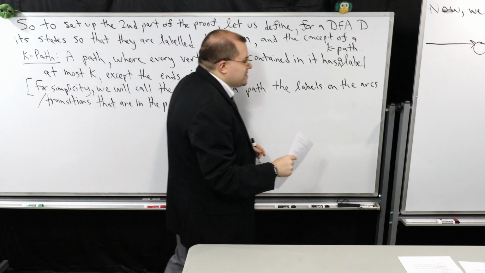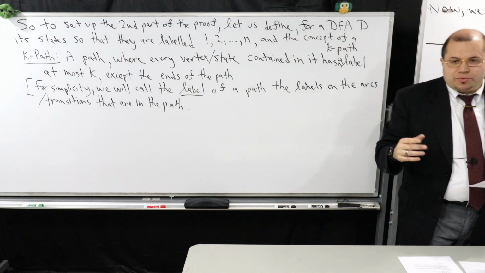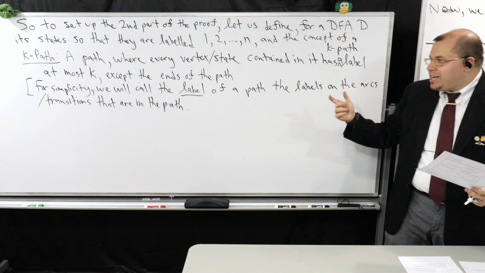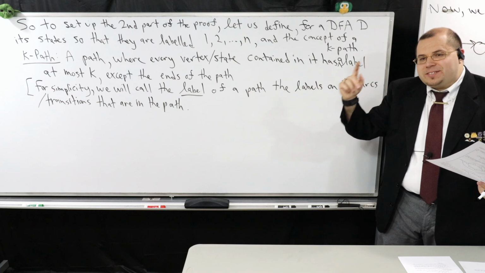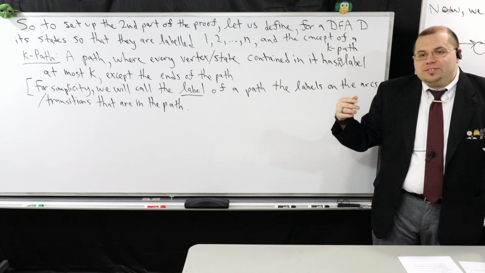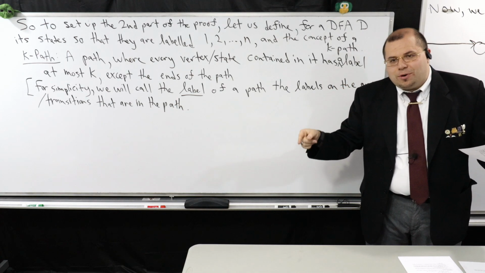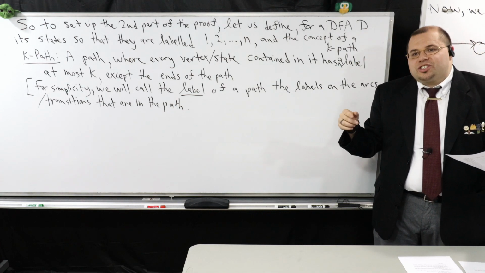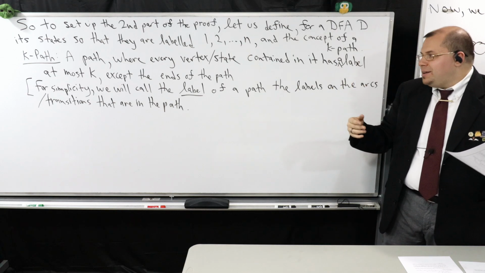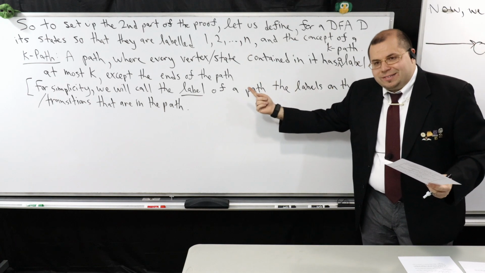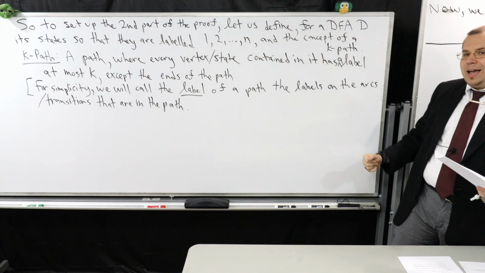So what I'm saying is this will correspond to the string that you feed the machine. So if I go from state 1 to state 3 and I require a string that causes the transitions to go from state 1, state 2 to state 3, the string that allows that to happen, that would be what I'm referring to as the label for that path.